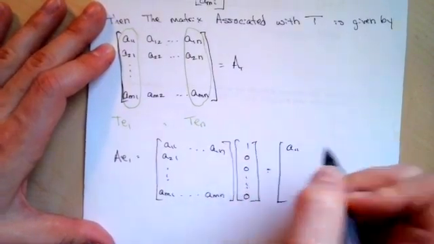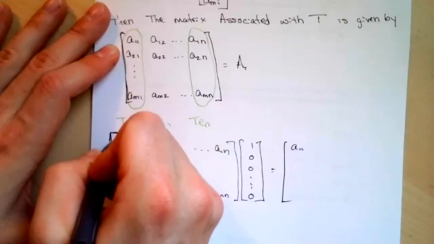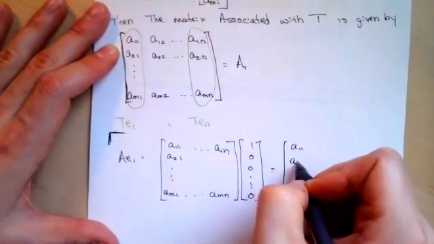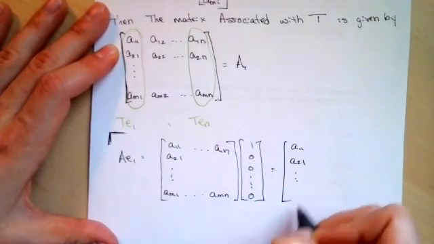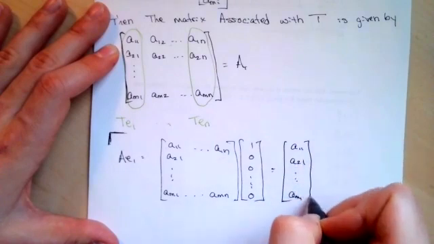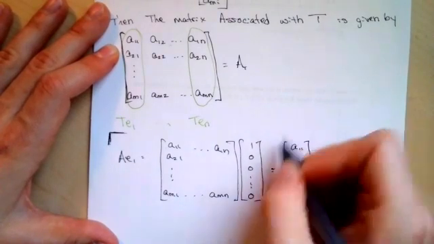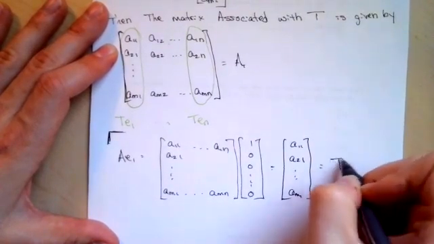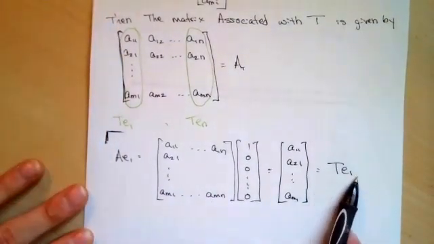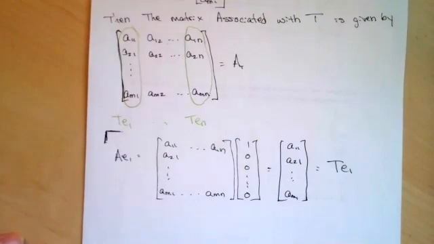We're going to get A11. Second row times the first column, we'll get A21. We'll keep going, and lastly, we're going to get Am1. And this is, by our construction, exactly where this linear transformation sends the first basis vector.